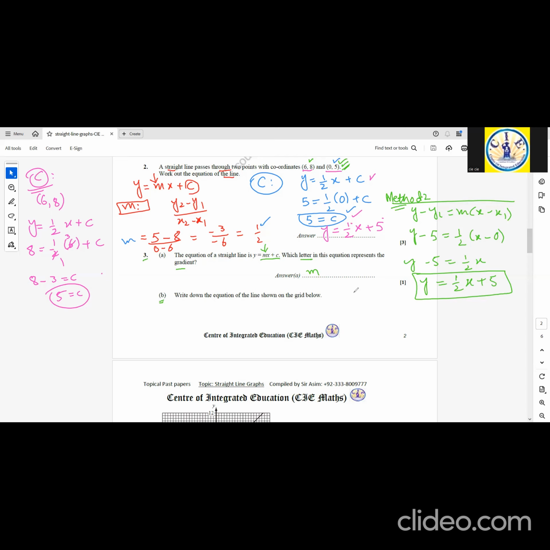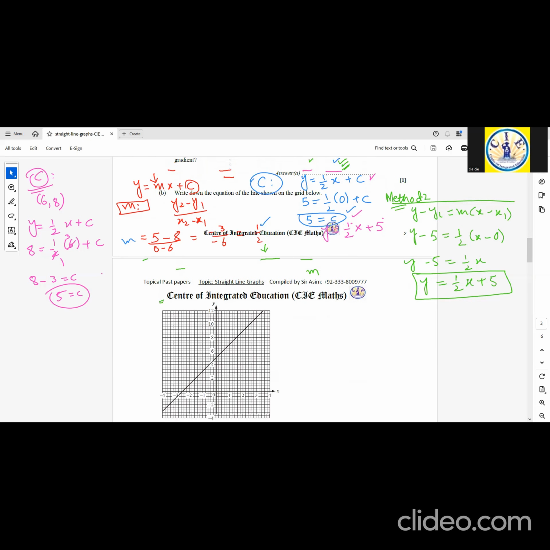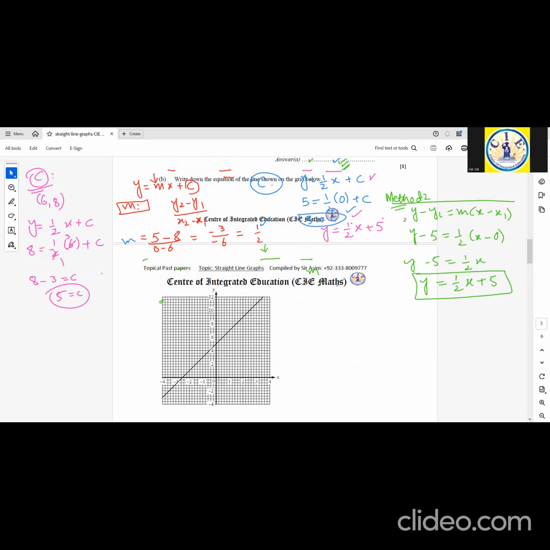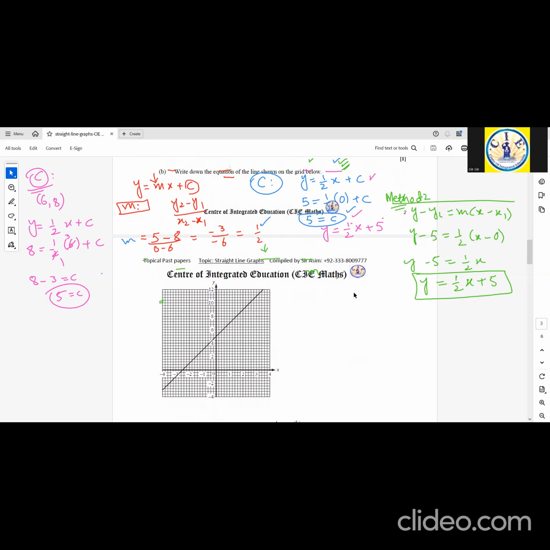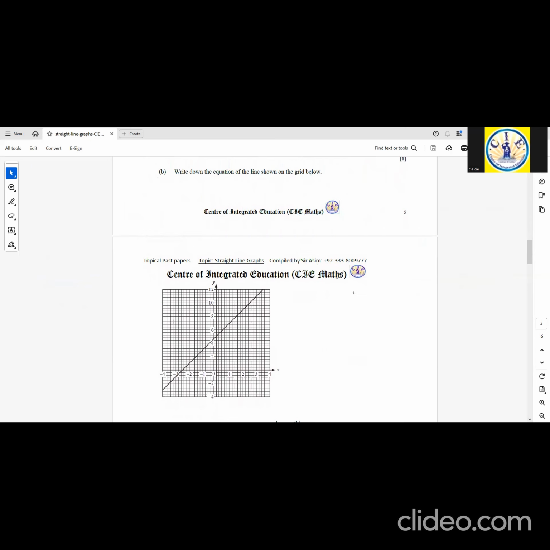Okay. This is the graph of the line. We can do it in two different ways. We can find out the equation of the line by choosing any 2 points on the given line.